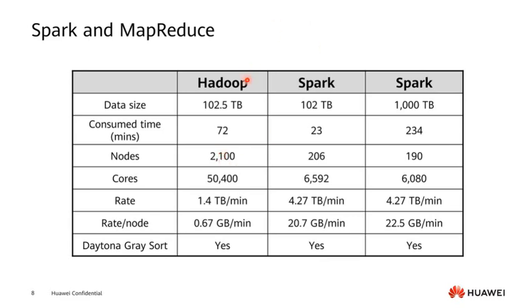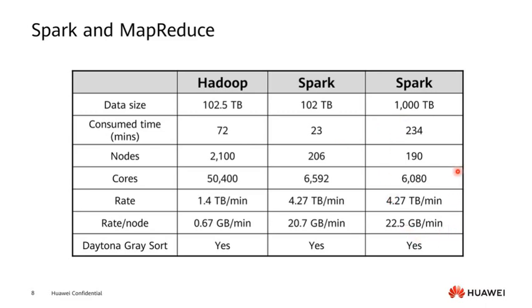The previous world record was 72 minutes, set by Yahoo using a Hadoop MapReduce cluster of 2,100 nodes. Using Spark on 206 nodes, we completed the benchmark in 23 minutes. This means that Spark sorted the same data 3 times faster with 10 times fewer machines. All the sorting took place on disk, HDFS, without using Spark's in-memory cache.